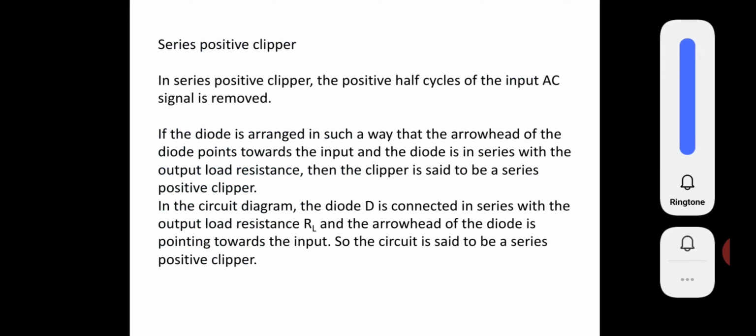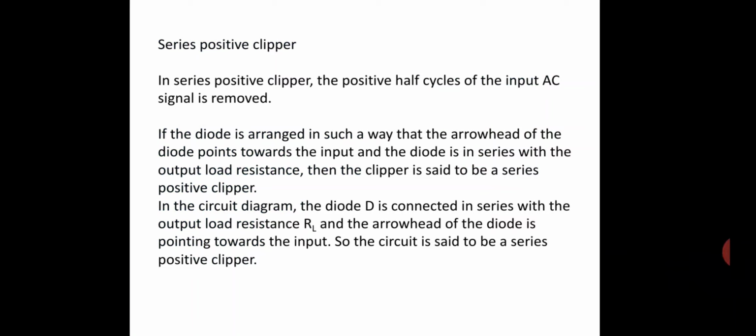In a Clipper circuit, we use only a diode and a resistor. We do not use any storage devices like a capacitor or inductor. Only diodes and resistors are used in Clipper circuits.